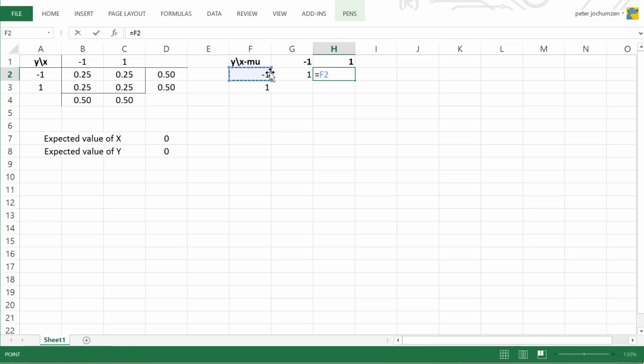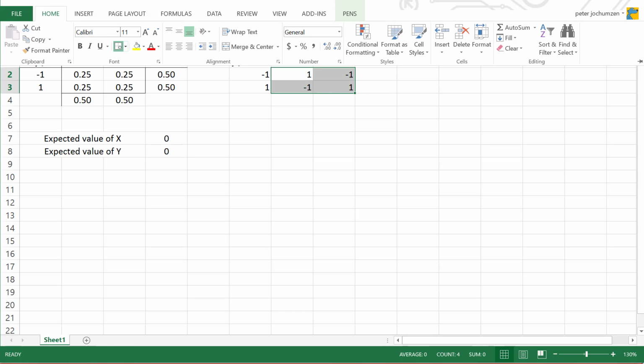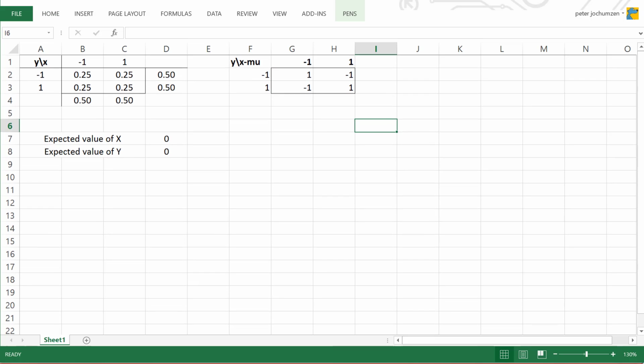This times this. Here I do this multiplied by this. And here we do this multiplied by this. Let's put a little box around that, just easier to see what we're doing.